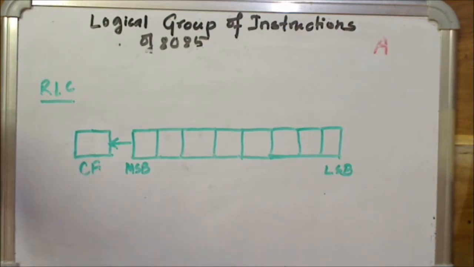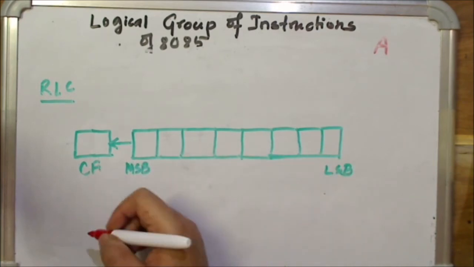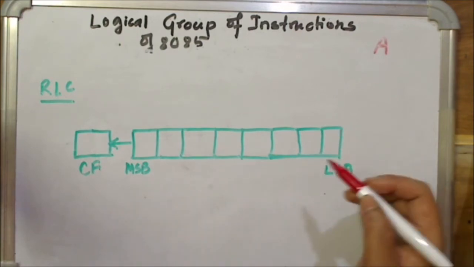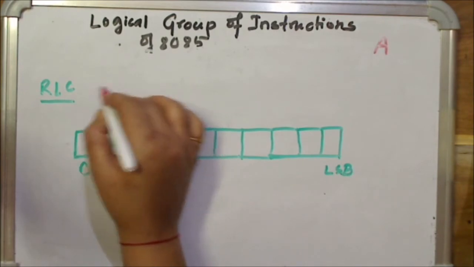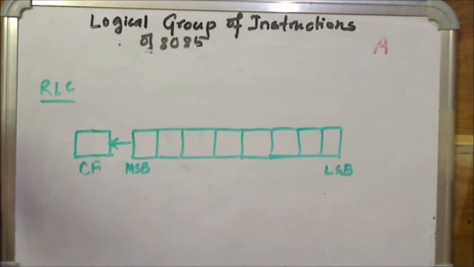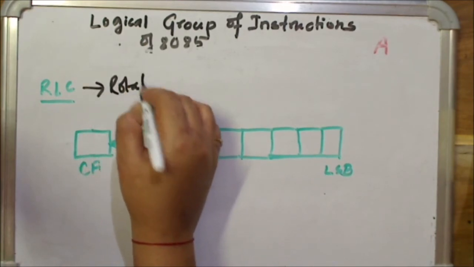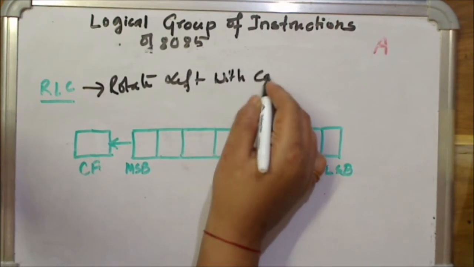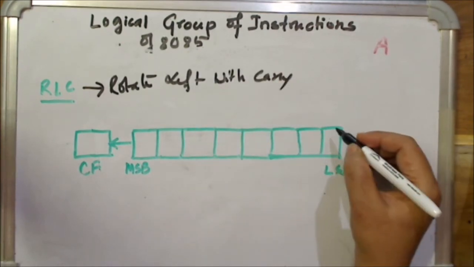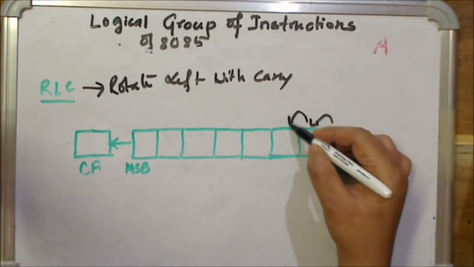Okay, that means here this is your accumulator, and this is your carry flag register. So very easy. You can understand by the instruction only. RLC means rotate left with carry. That means each bit will go one position to the left.